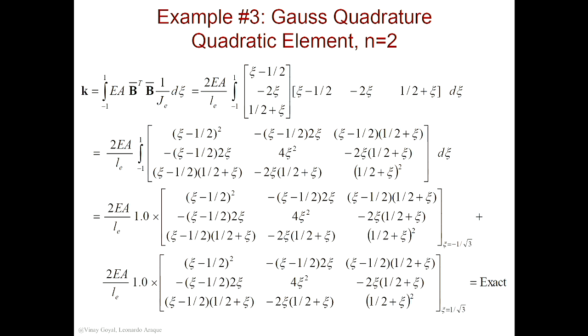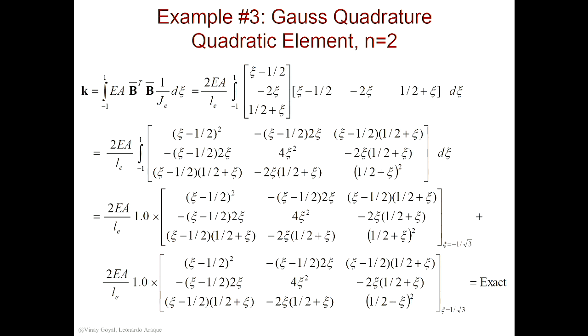I evaluated this phi at one of the Gaussian quadrature points with the weight of 1, plus, since I did a 2-point rule, so n equals 2, the second point times the weight of 1. I added it up, and guess what? I didn't want to show it because it was exact. It was the same thing I got on the previous page.